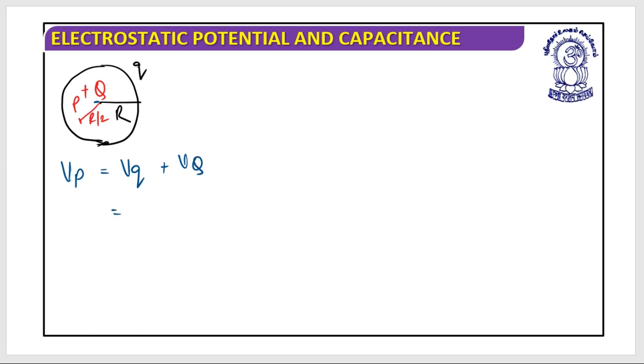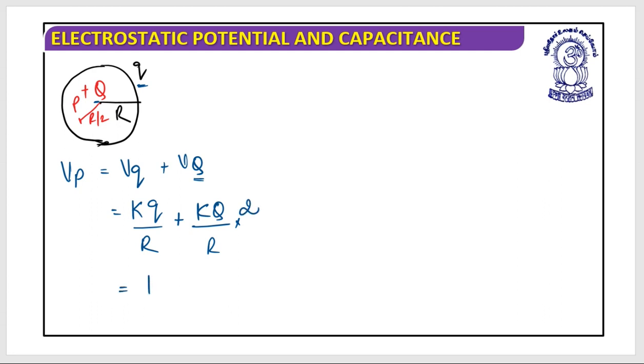Now the potential due to q, as it is the charge of a shell, is Kq divided by R because it's an inside point, plus as it is a point charge, what I need to write is K into Q divided by the distance, and the distance is R by 2.